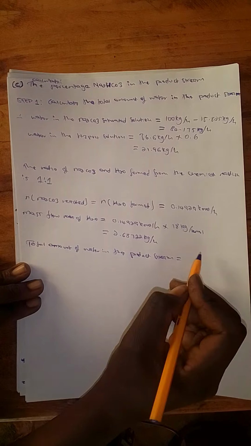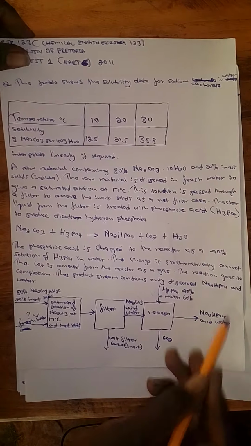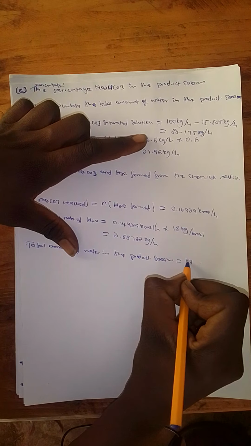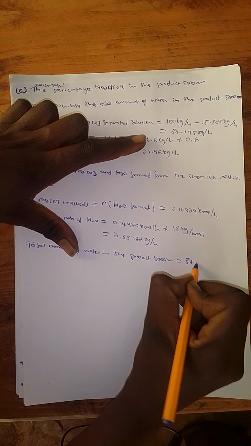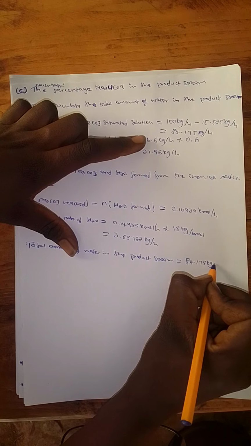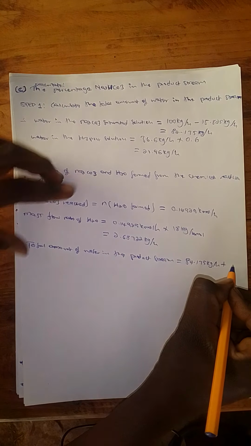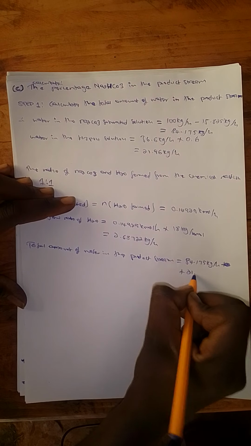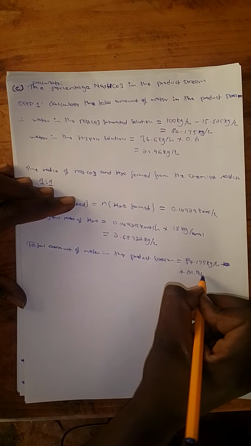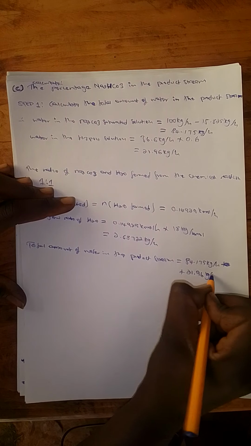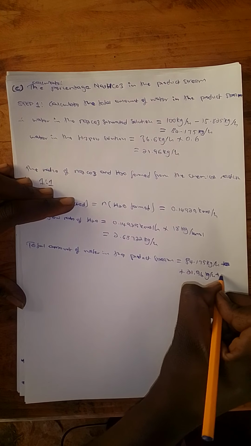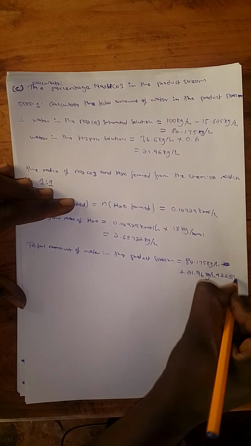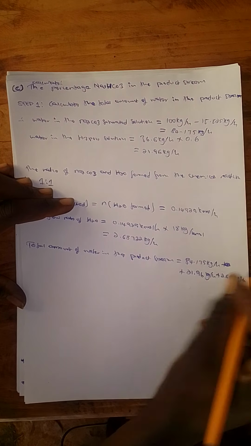So the total amount of water in the product stream is equals to 84.175 kilograms per hour plus 21.96 kilograms per hour plus 2.689 kilograms per hour.